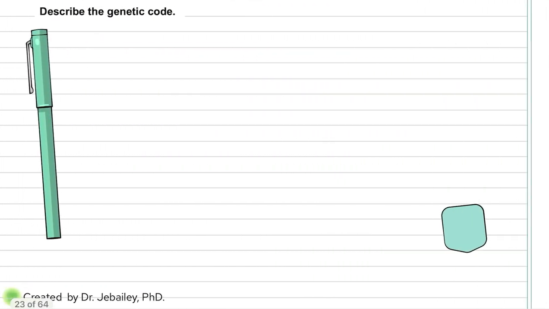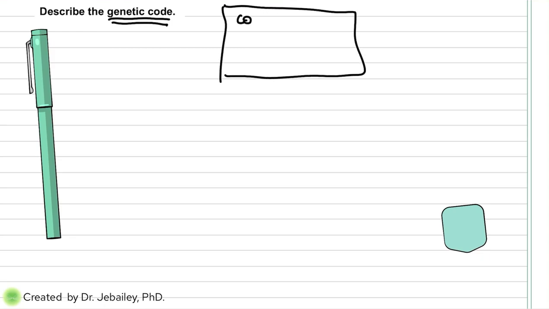Moving on to the next question, it says describe the genetic code. The genetic code is that chart that has the codons with a certain amino acid, right? And you can have many codons for that one amino acid. So when we talk about the code, we are talking about the codons. Now, how many are there? 64. How many amino acids do we have? 20.